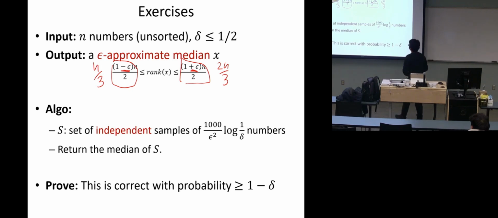You can still get a constant time algorithm where the size of your sample has a dependency on epsilon over 2, and it's going to work too. You can try this at home.